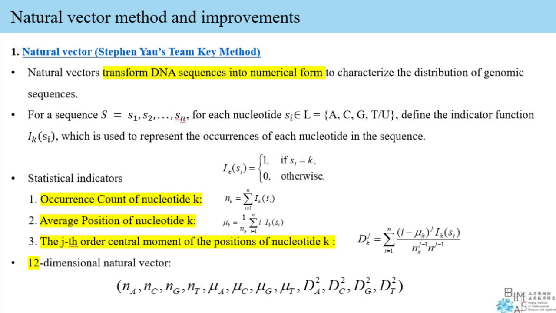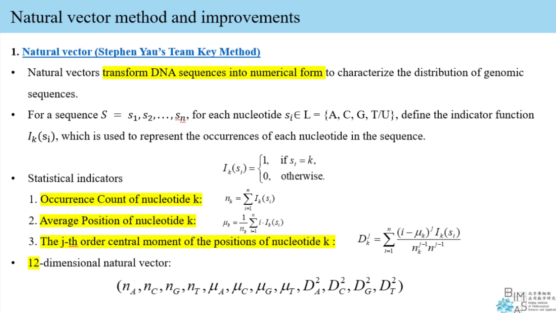If we want to study more, each time you go to a higher order, you add another 4 dimensions, so you can extend this to a very long dimension. But there is a drawback: as long as the order j is high, the value goes to 0 very fast.